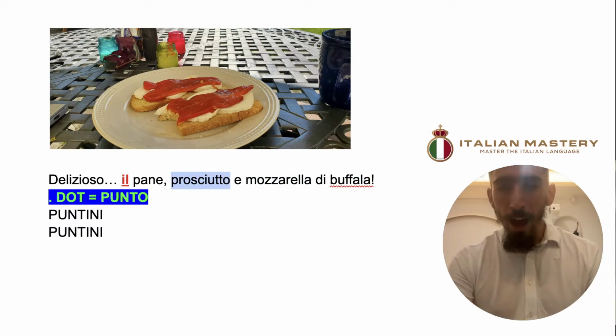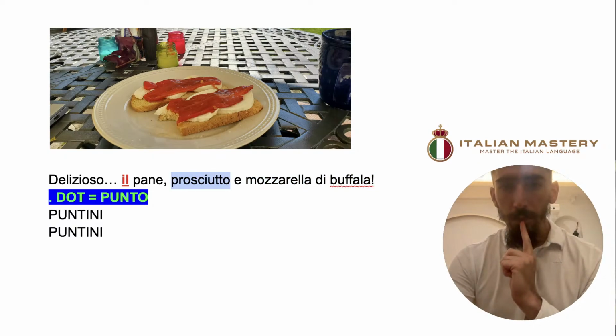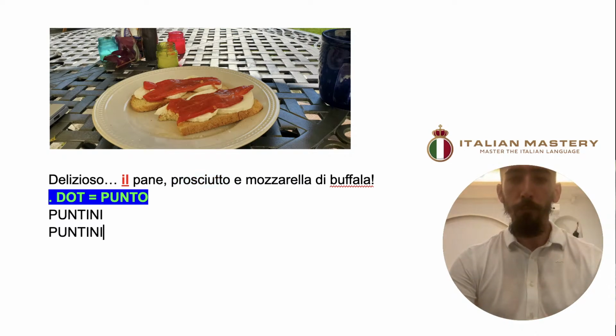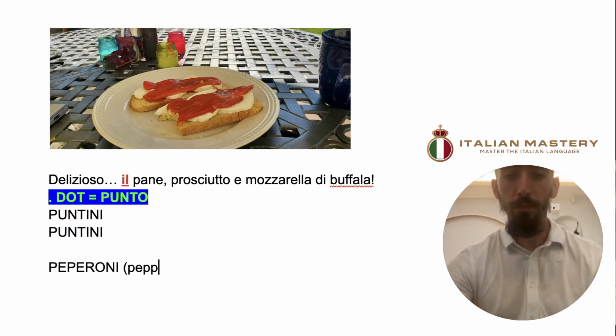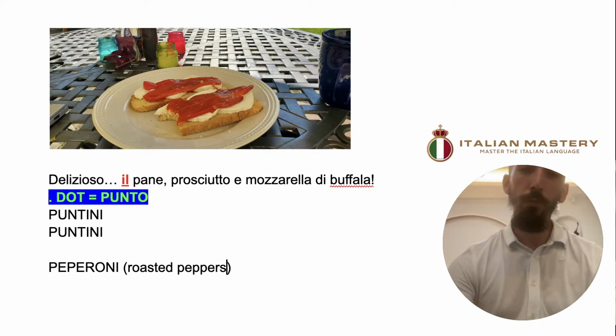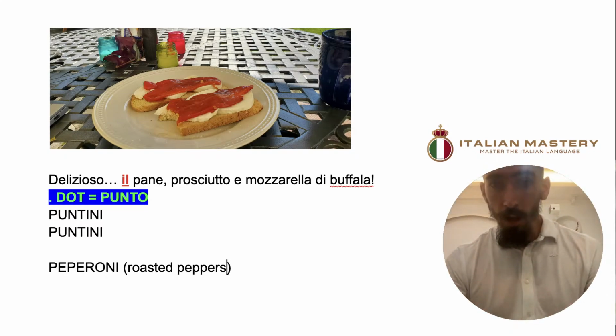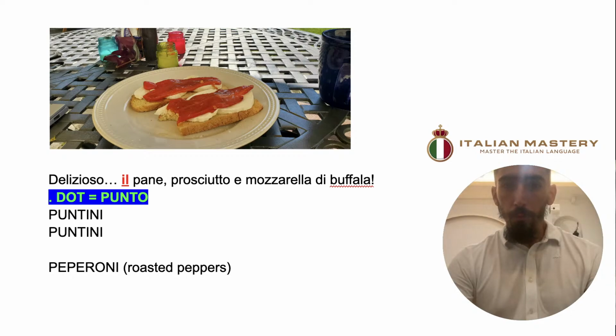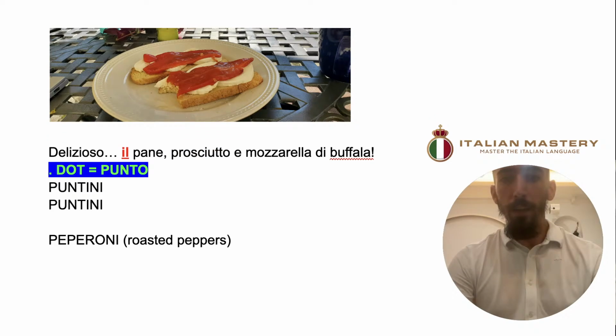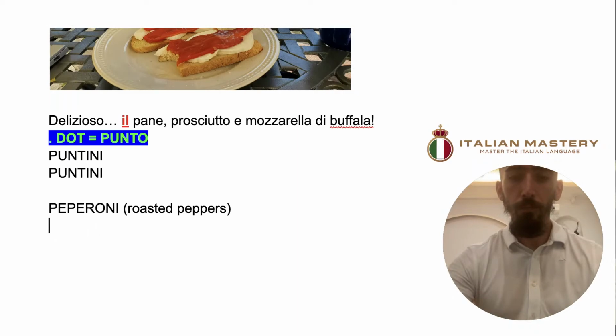Prosciutto. Now, I'm not sure if this is prosciutto. I think it's pepperoni. Peppers. I think they're roasted peppers with olive oil. That's what it looks like, but I might be wrong. Prosciutto is another very common word.